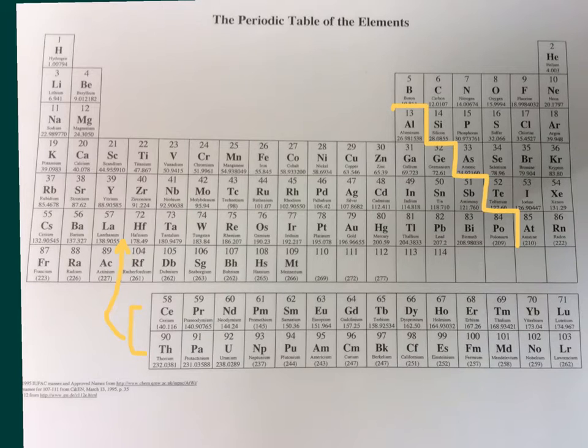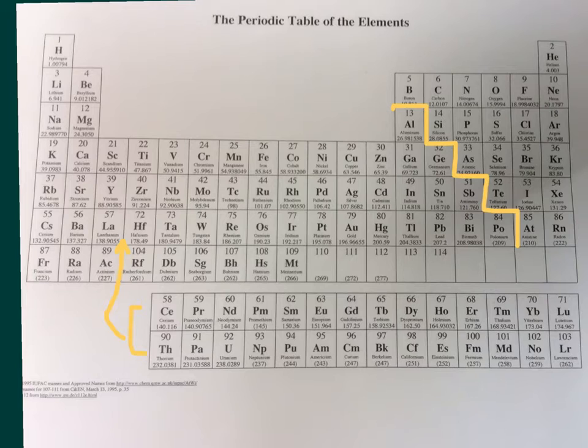Left side's metals, right side's nonmetals? So you're telling me potassium is a metal? Sodium? Barium? Okay. The only one on the left side of the periodic table who is an exception to the rule is hydrogen. Oh, the rebel hydrogen.